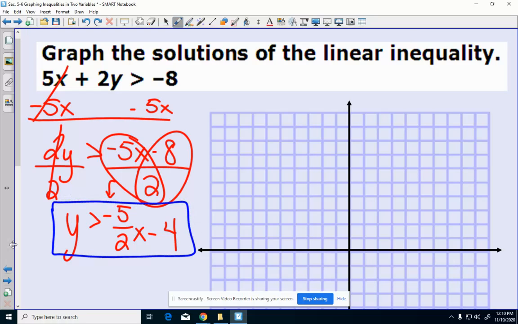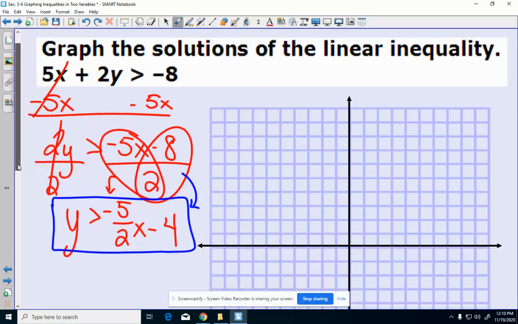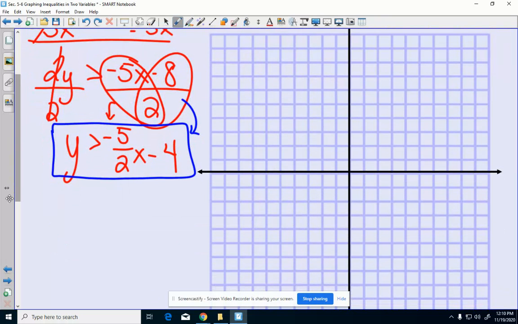Negative 8 divided by 2 gave me that one. So we're starting with what? Starting with a negative 4. Then we're going to use that slope. And then we're going to try to figure out what it means to be greater than.